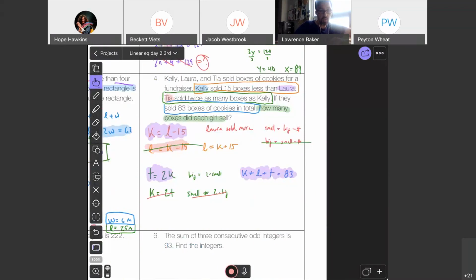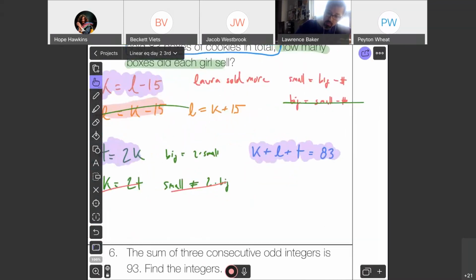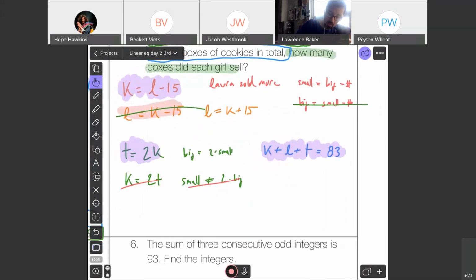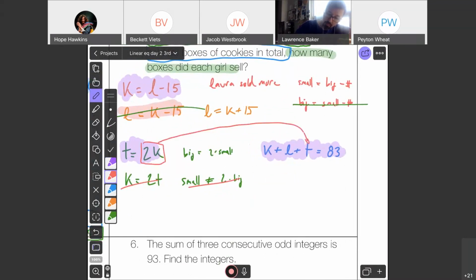So we need to think about that in the same way. We have some equations that just say, hey, T is equal to this, and K is equal to this. Okay? So we can use these to get rid of the T by replacing it with some K's, and I can get rid of the K's by replacing them with some L stuff. So I'm going to take this in 2 steps, so I don't overwhelm you. I'm going to take that expression that says, hey, T is equal to this, and I'm going to drop that in here.